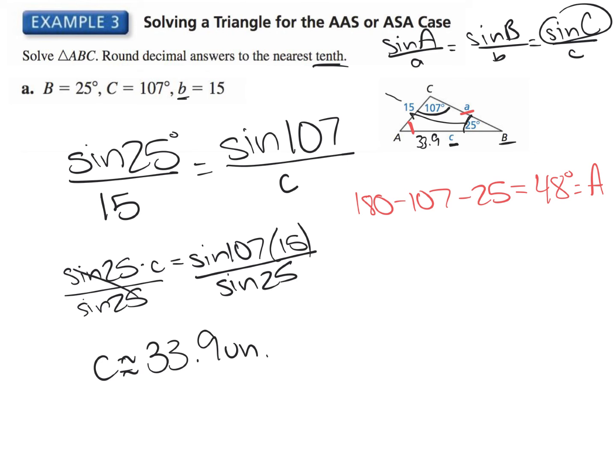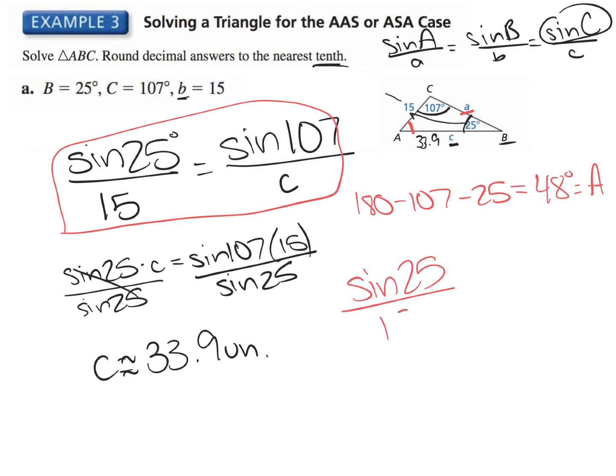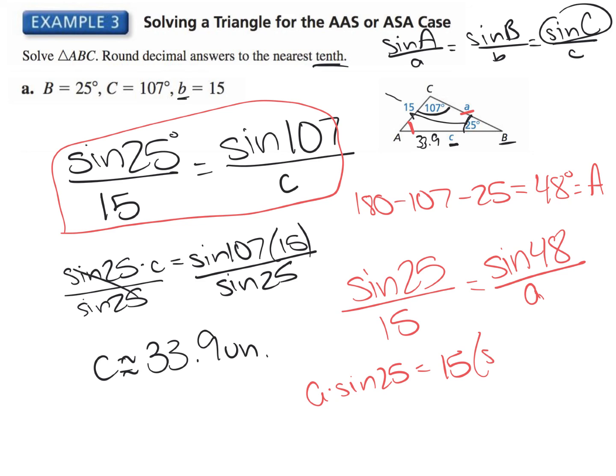I'm going to take what we were given. If you look at the prior piece, we did sine 25 over 15 because those correspond. Then instead of sine 107 over c, we're going to use sine 48 over that little a because that's what we are missing. If you cross multiply, you'll get a times sine 25 equals 15 times sine 48.